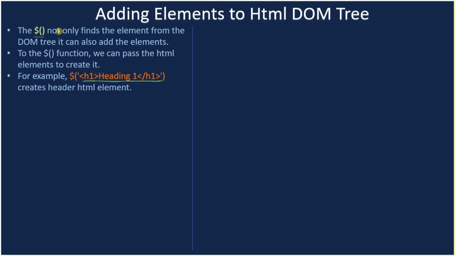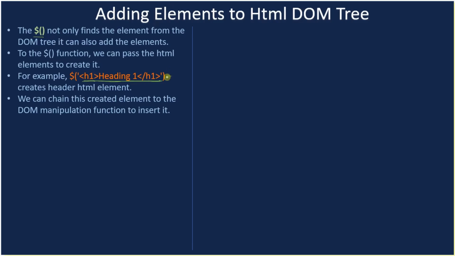When you pass the select string, it will find the element in the existing document and give that. But if you pass the fully qualified HTML tag, then it will create the HTML element and give that back to you as a DOM object. We can change this created element.